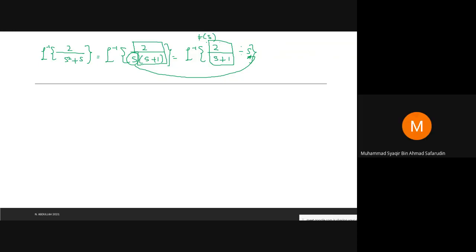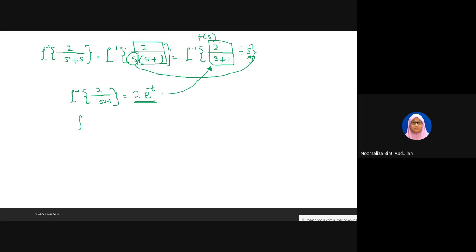Okay, Doctor. So this one is your Fs. So now what you have to do is find the inverse of 2 over S plus 1. If you look at the Laplace transform table, you will get this equals 2 exponent minus t. But this one is not finished. This signal is for this one. So next step is you have to do the integration.